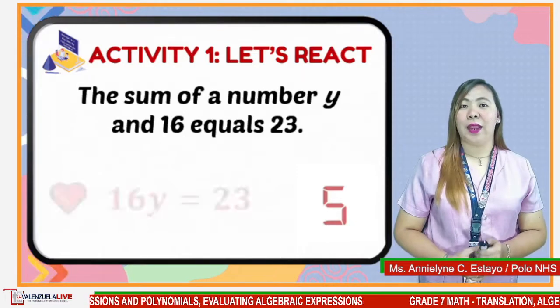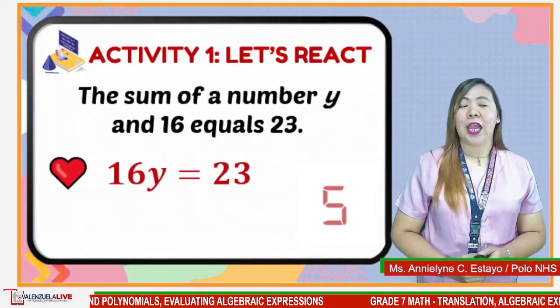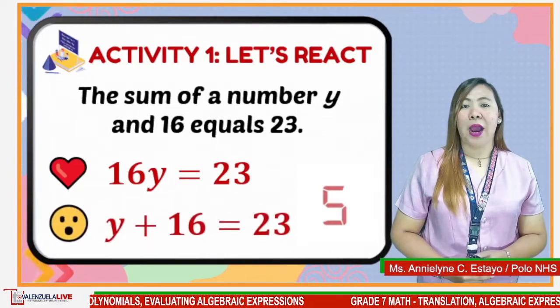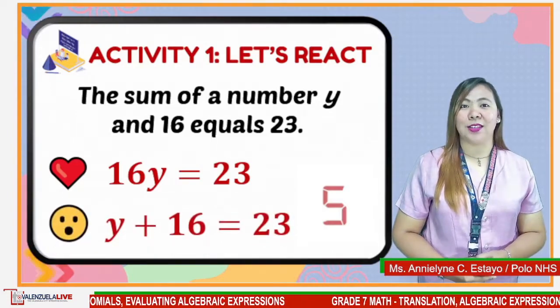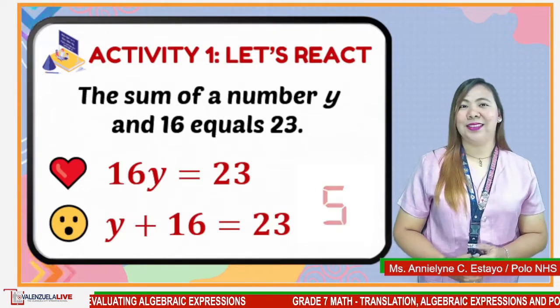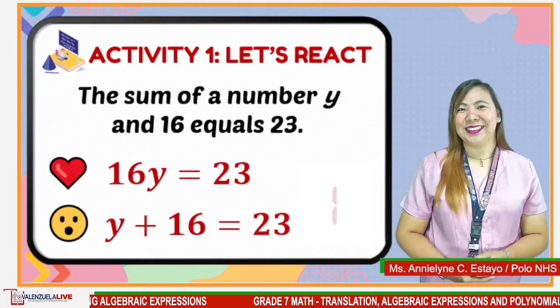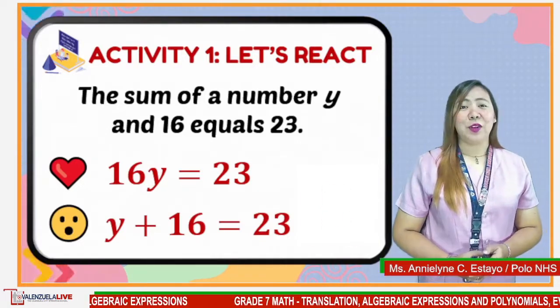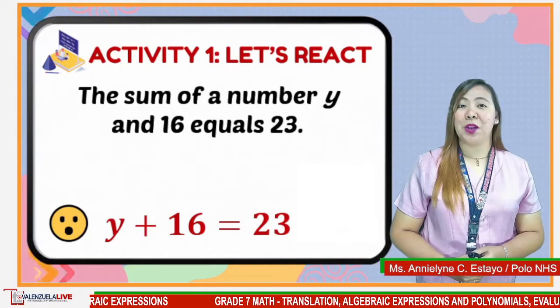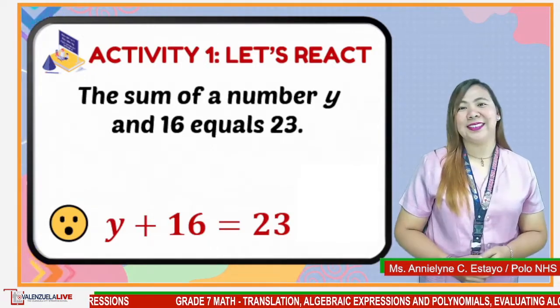For heart, we have 16y equals 23, and for wow, we have y plus 16 equals 23. Your timer starts now. If you chose wow, y plus 16 equals 23, then you are right.